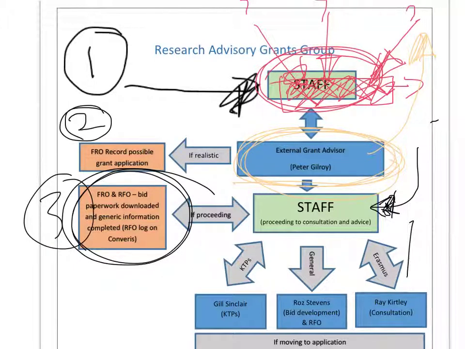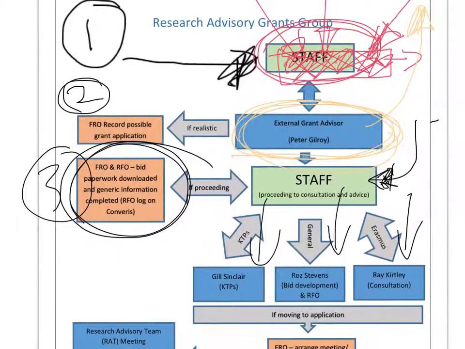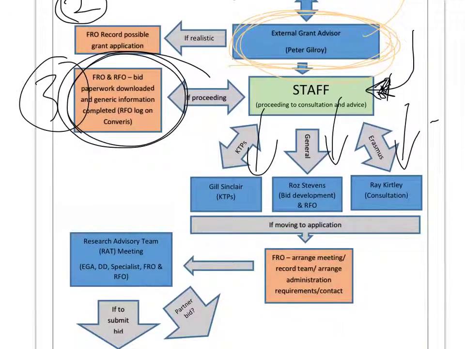By making this hierarchical, in other words by putting it below, it does give the impression that that stage leads to the next. And I think really somehow this needs reorganising so that it indicates that these people, the ones I'm highlighting here, Jill or Roz or Ray Kirtley, are there to support that member of staff according to which of these bids or what type of bid it is.